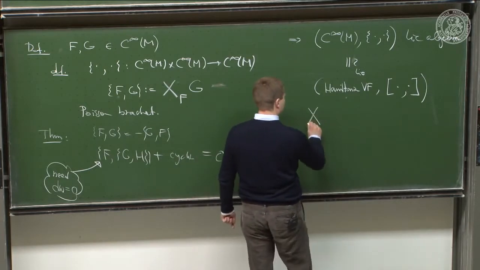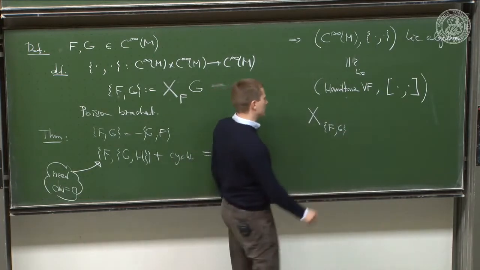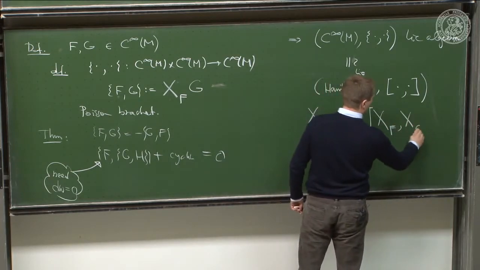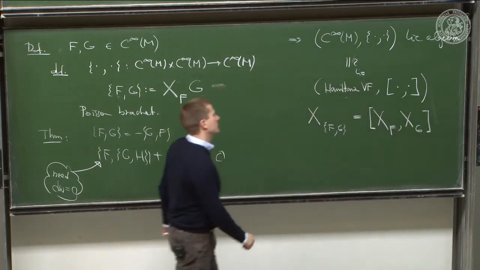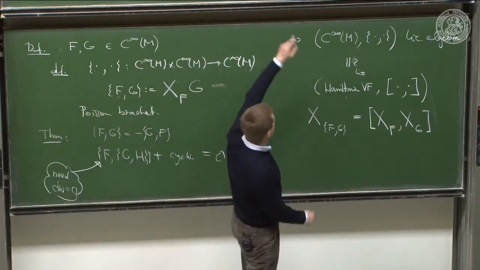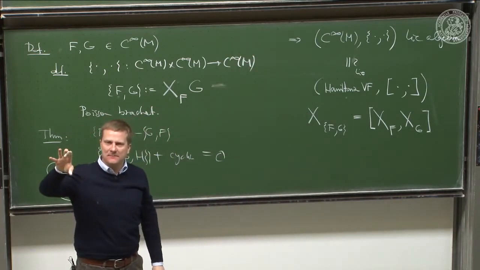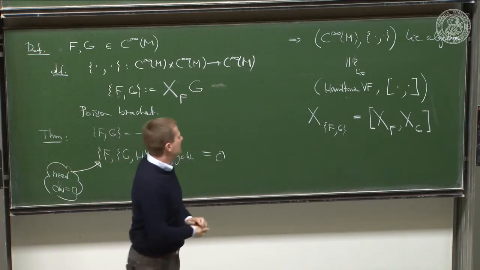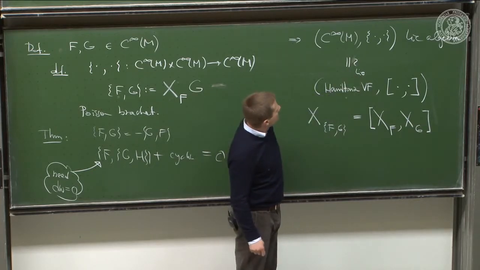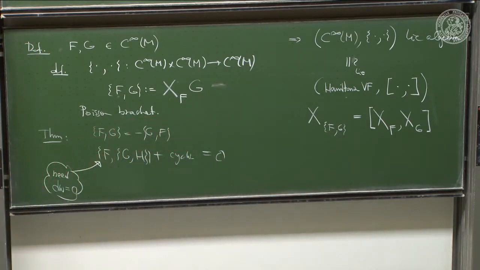And in fact, we have that the Hamiltonian vector field of the observable that you get as a Poisson bracket of two is nothing else but the commutator of the respective Hamiltonian vector fields. So it's the X map that associates with every observable in C infinity of M a vector field that is exactly this Lie algebra isomorphism, right? Yes.